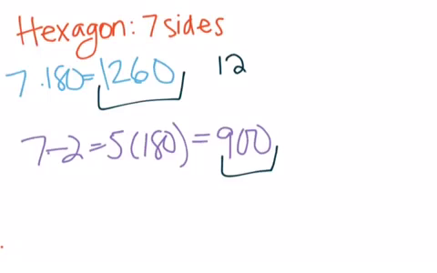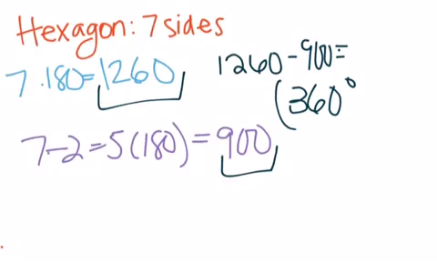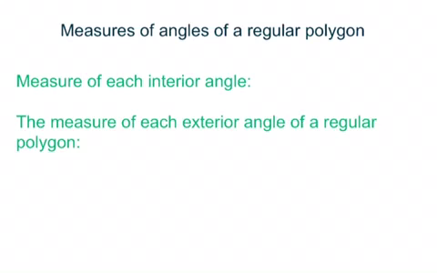So 1,260 minus 900 is going to give us, you guessed it, 360 degrees. Okay? When you're doing this work, my suggestion is to keep this chart open just so you can follow along with it. Okay? Alrighty. Our next step here is the measure of angles of a regular polygon.